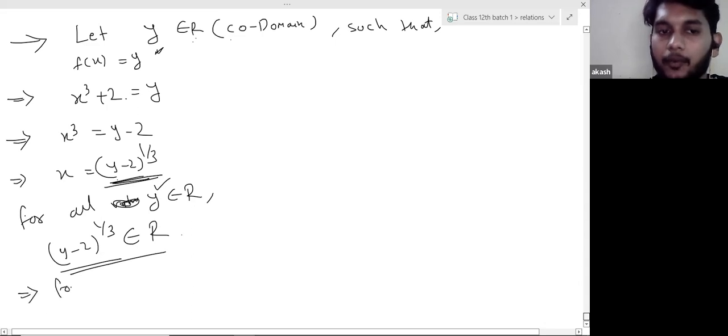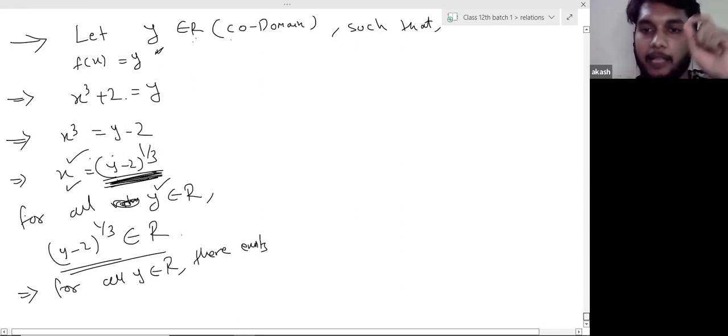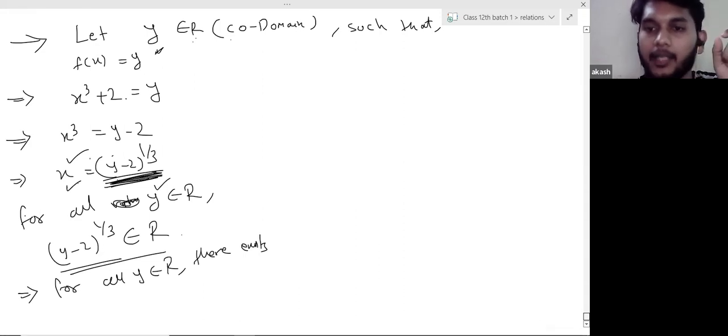For all y belongs to R, there exists an x. See, if this quantity is a real number, that means x is also a real number. Always, no matter what value of y you put, you are always getting x as a real number. And what is x? x is an element from set A, right? Set A is also the real numbers.